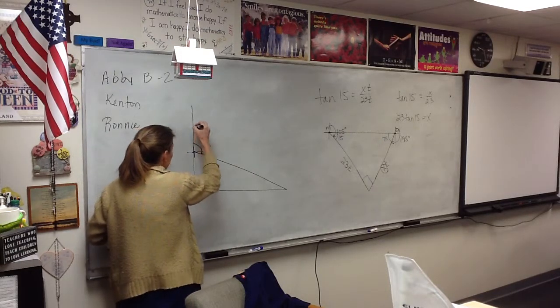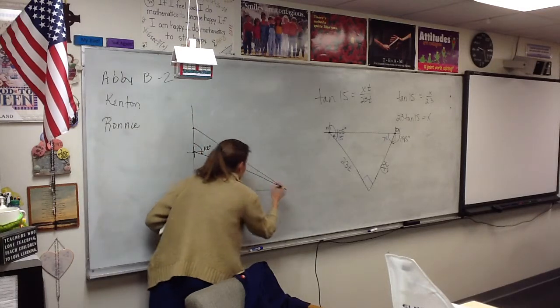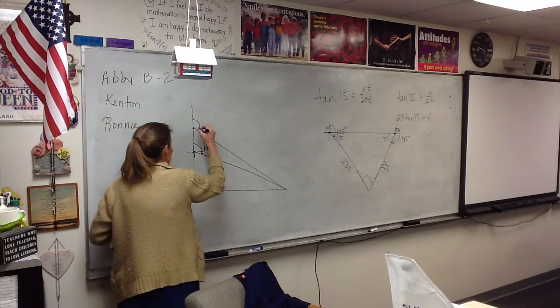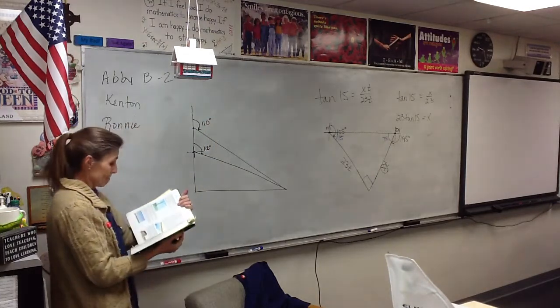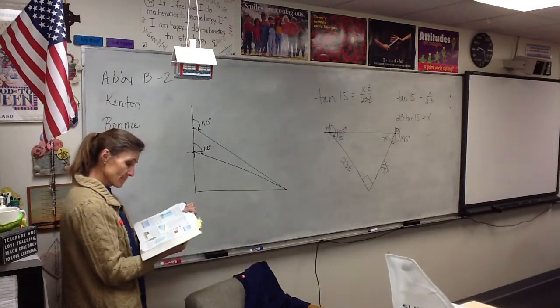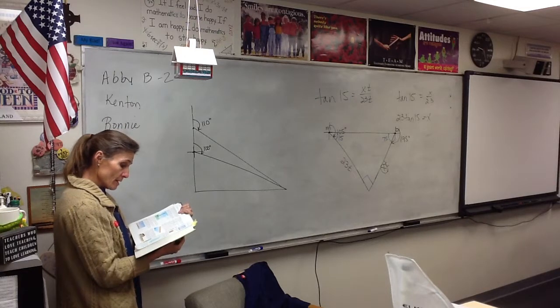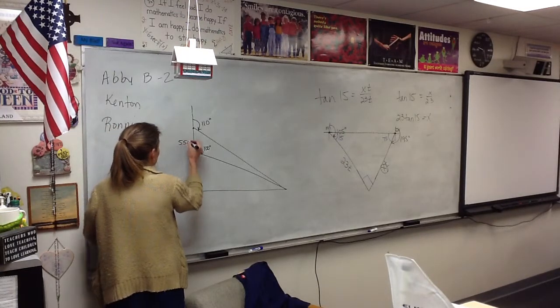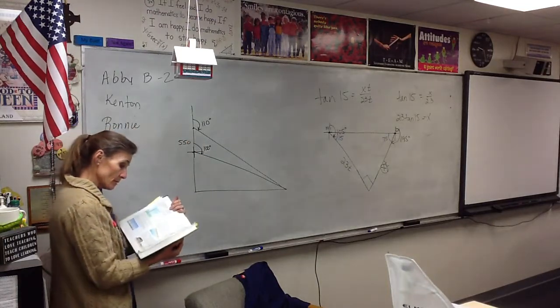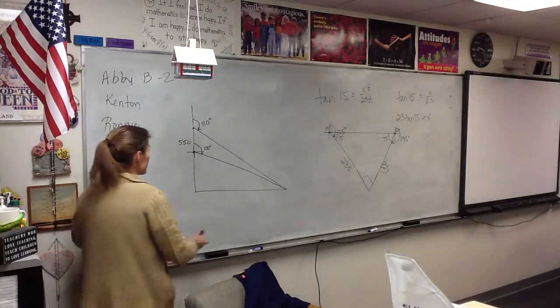And from another point to the boat, that angle is 110 degrees. Assume the 2 points are 550 feet apart. How far is the boat from the shore?